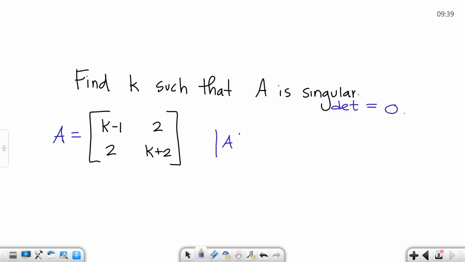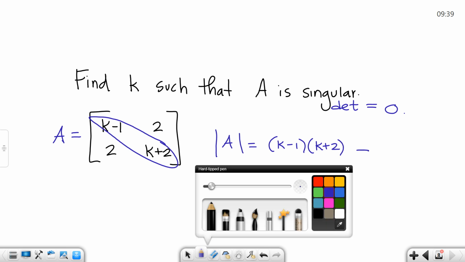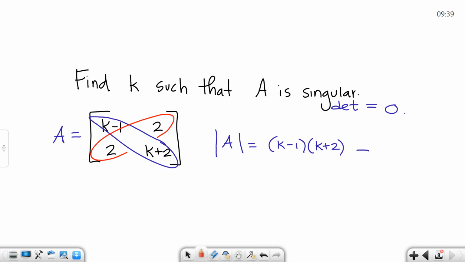So the determinant of A in this problem would be this part minus this part. Main diagonal minus secondary diagonal, and the product's there.